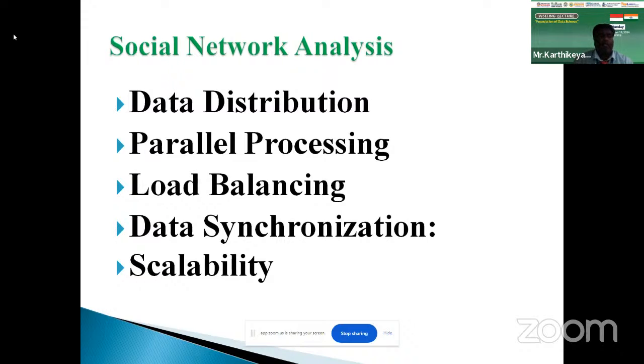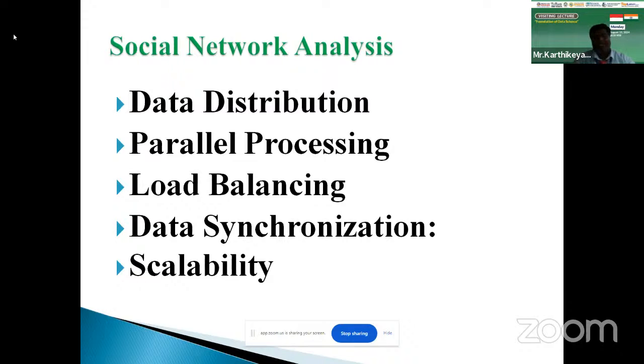Data from various servers is synchronized to maintain consistency and accuracy across the network, ensuring users see up-to-date information regardless of which server they interact with. This is data synchronization.